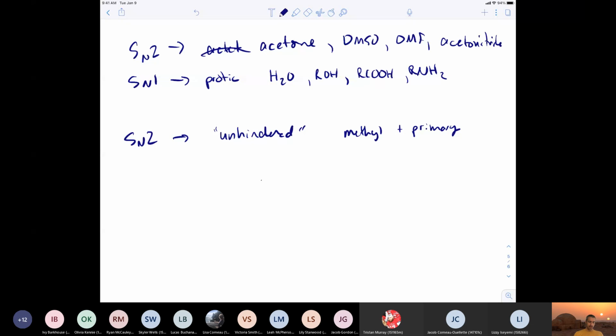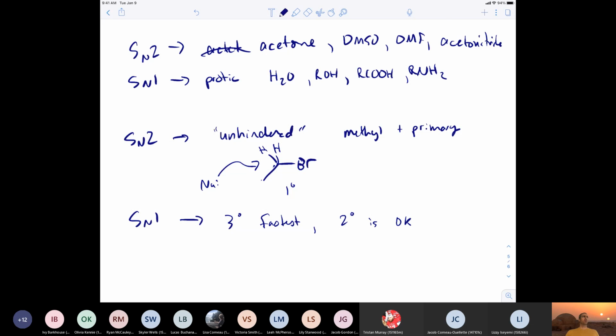If you have an alkyl halide that looks like this, one would be primary, it's easy for a nucleophile to fit in there. Whereas SN1 likes stable carbocations, so tertiary is fastest, followed by secondary is okay. So those are the factors that dictate what mechanism happens.